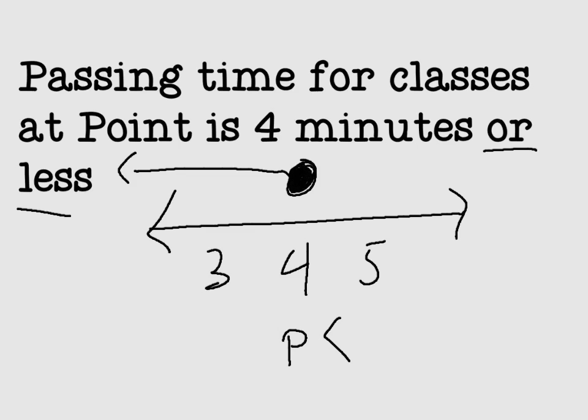So the idea here is that I get 4 minutes or less time to get to class. If I take more than 4 minutes, that bell rings, I'm now tardy. So I can take 4 minutes, but I can't take 4 minutes and 1 second because that bell's going to ring, and in that 1 second I'm going to be late. So that's why we can include 4 minutes, but 4 minutes and 1 second would be tardy.